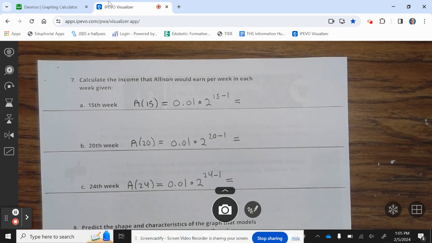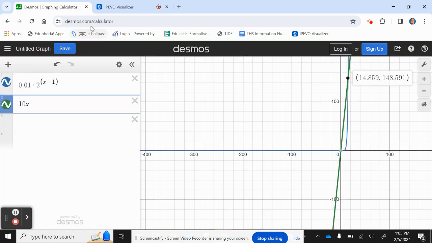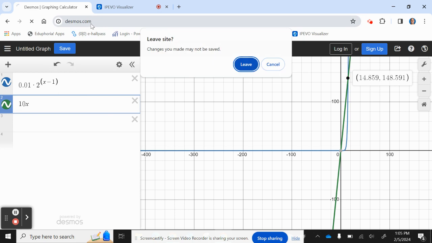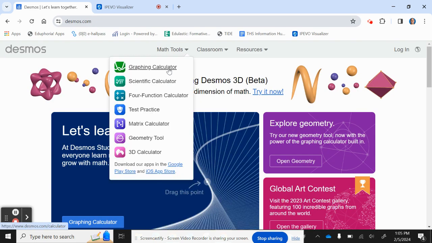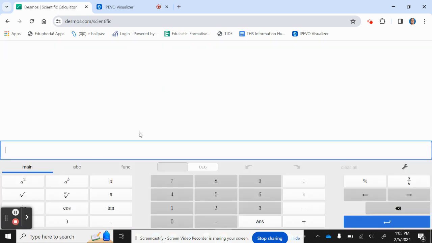Calculate the income that Allison would earn per week in each week given. All right, so let's go ahead and use Desmos. And we want the scientific calculator.